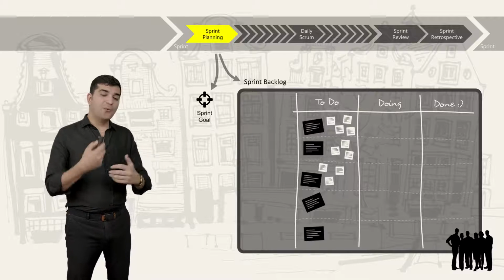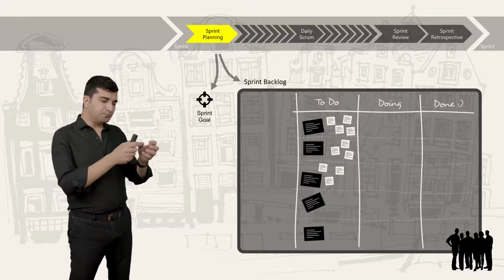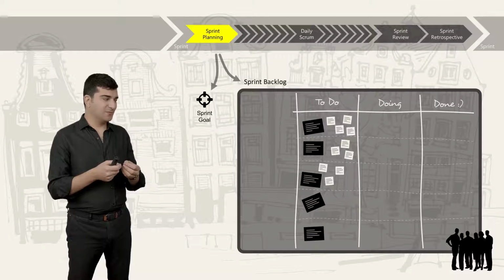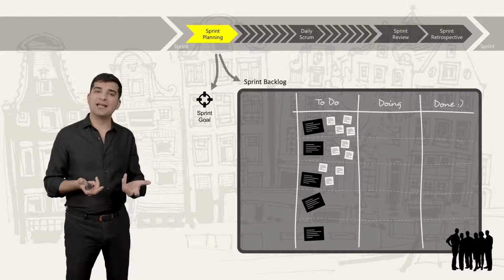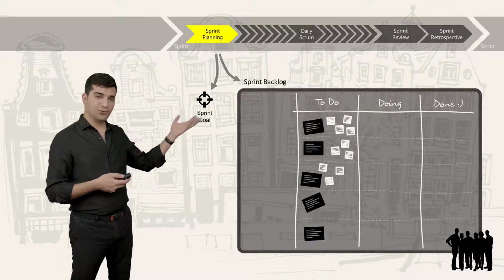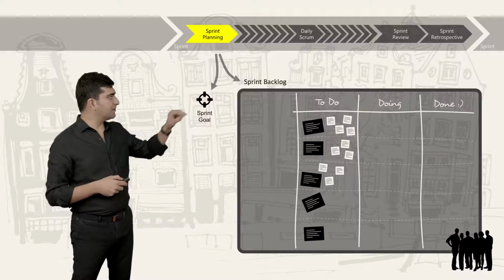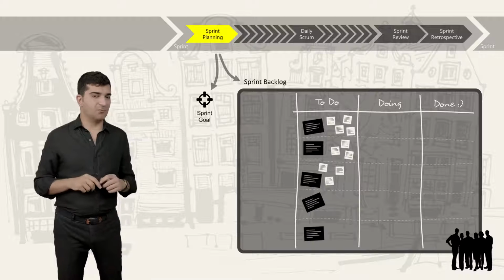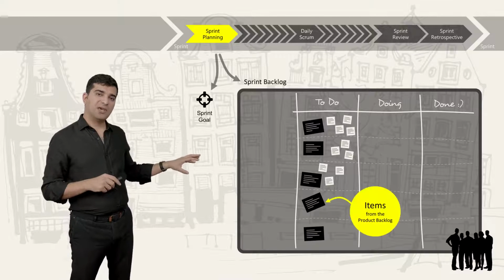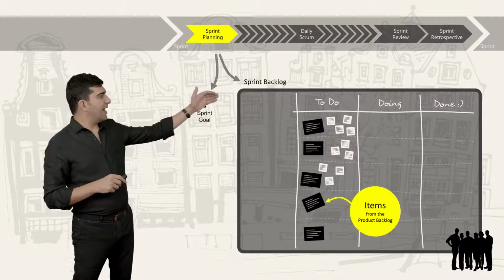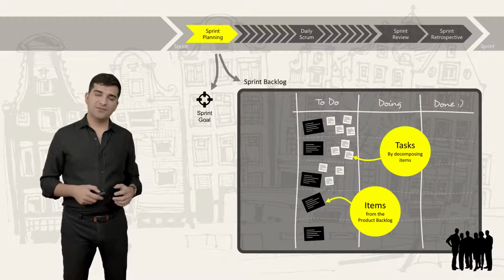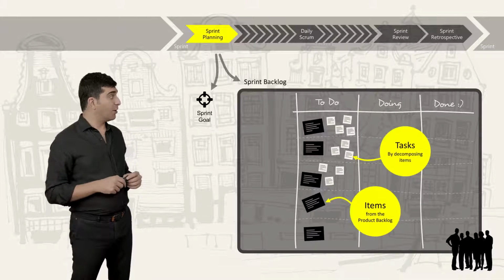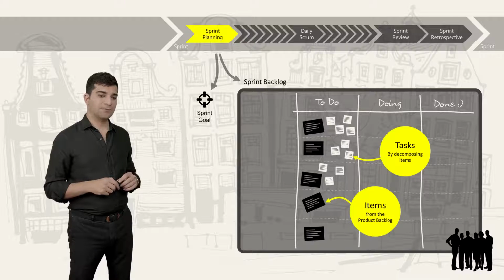And then one other thing that we have to do is to break down those items into the tasks that we need to do as developers to create that item. Those are the white things there. So we have two types of entities in the sprint backlog. The items that we pick from the product backlog and the tasks or activities that we create by decomposing those items.